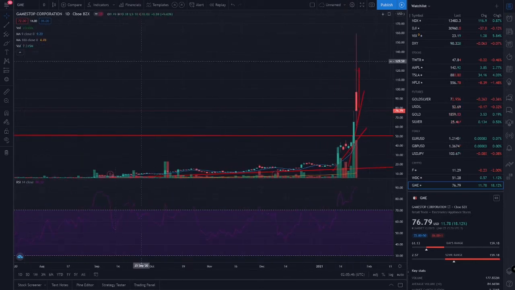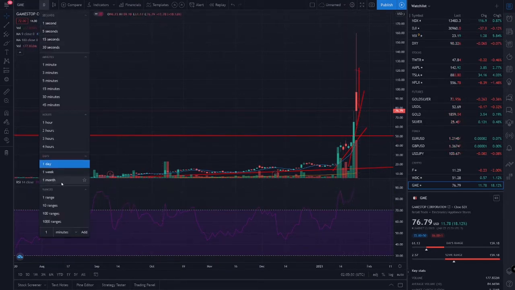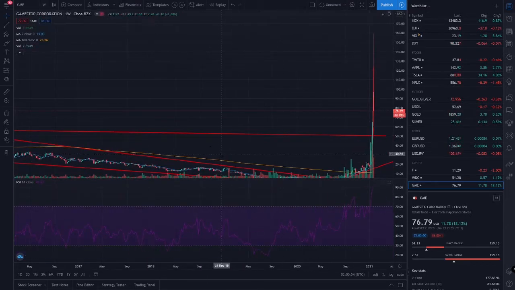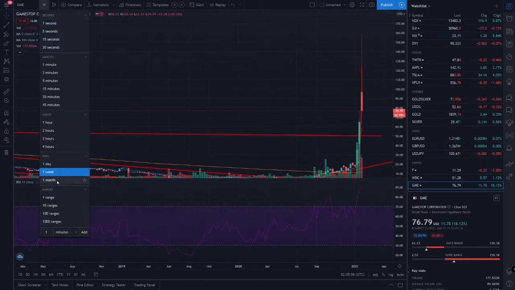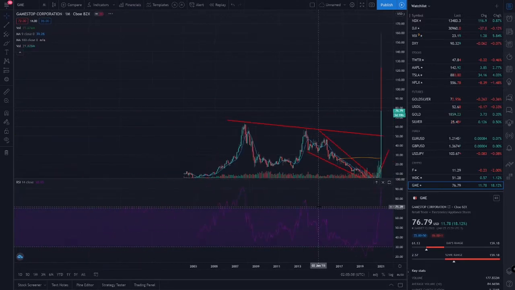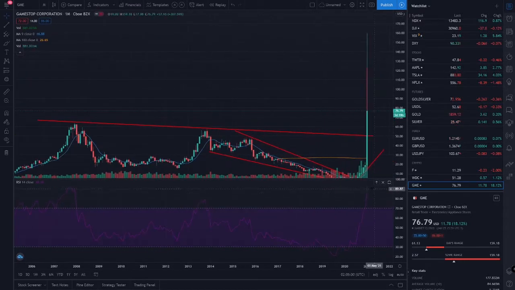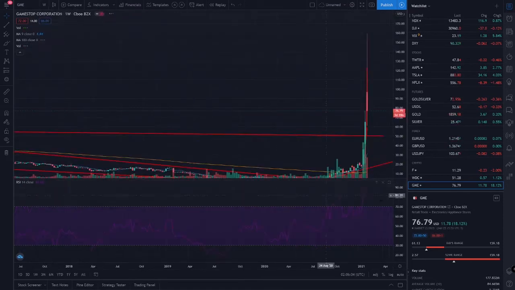No. Look how oversold it is on the RSI though, on the monthly, on the weekly.